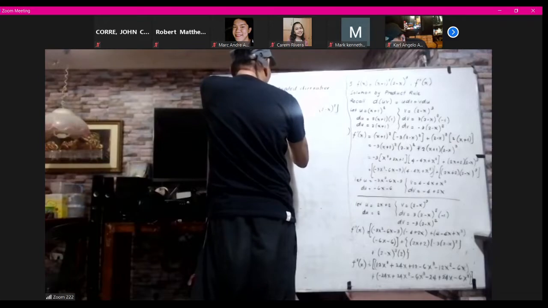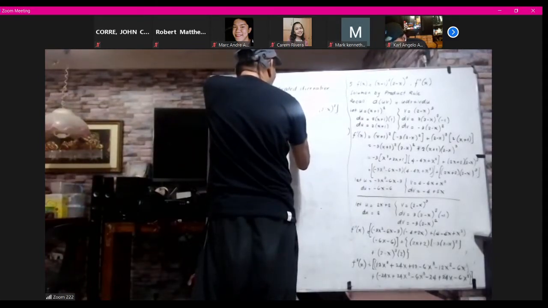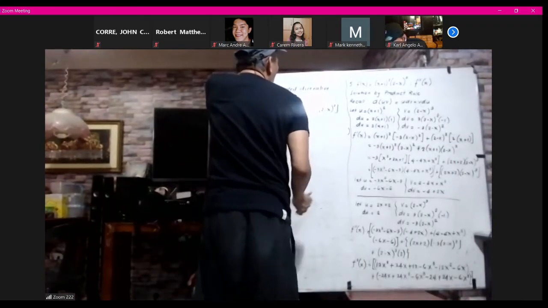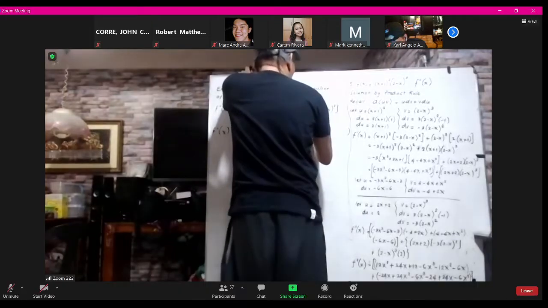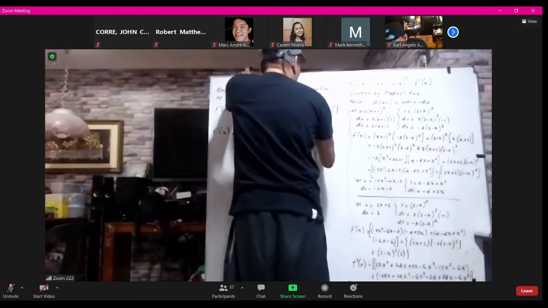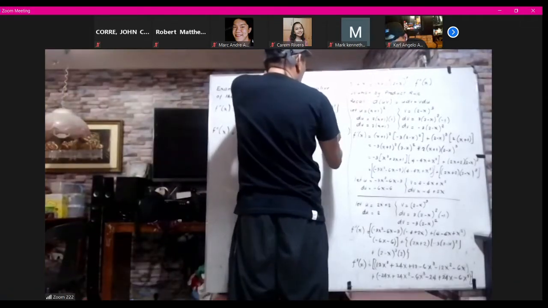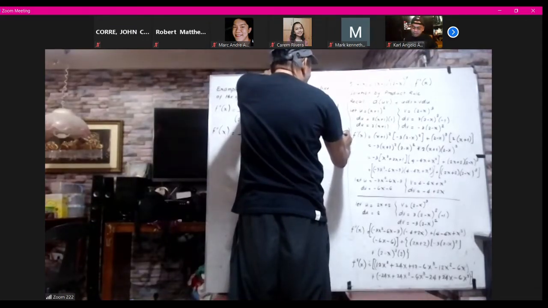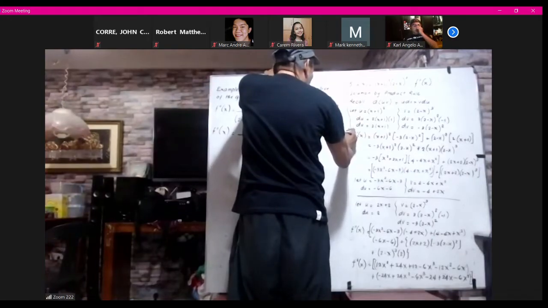This is now plus the quantity of 2x plus 2, then multiplied by negative 3, square natin, expand natin to, 4 minus 4x plus x squared.